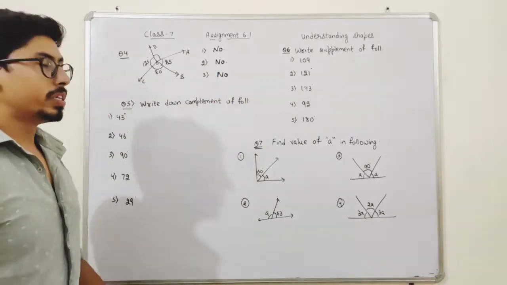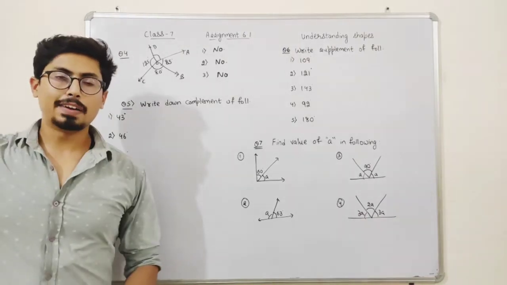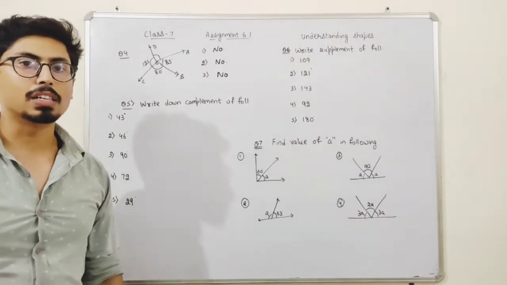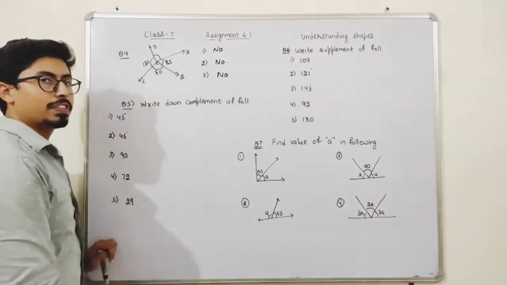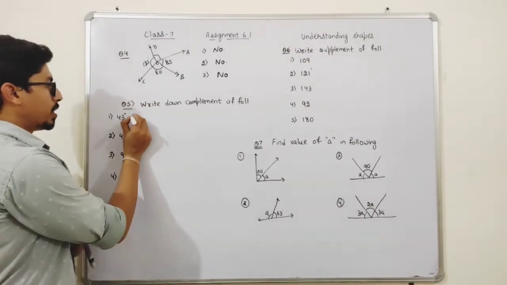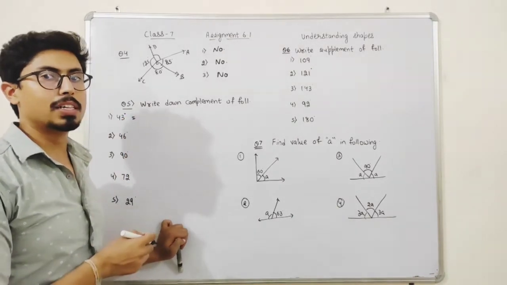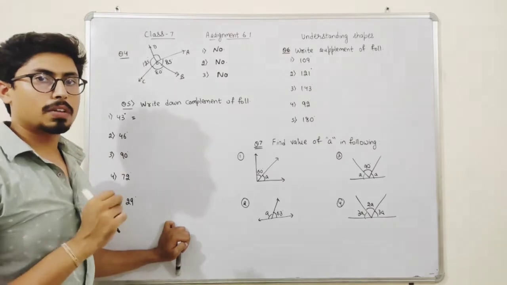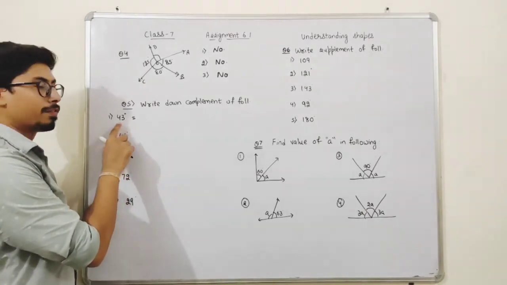Now students, our question number 5. In question number 5, I have to find the complement of these angles. Students, I have already discussed with you that complementary angles are those angles whose sum is 90 degrees. Now I have to find the complement of 43.